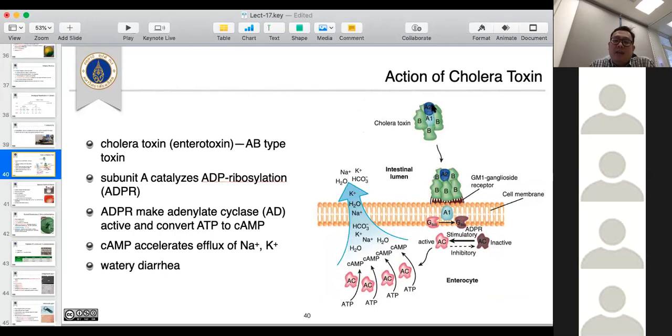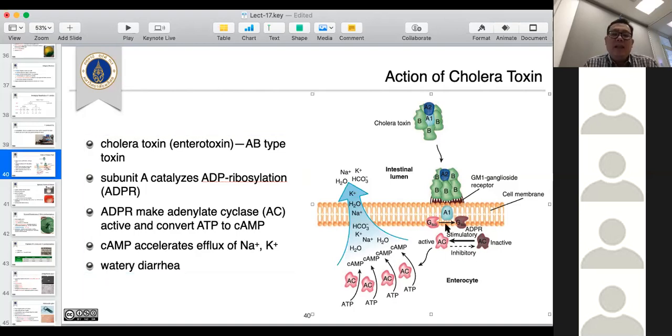Subunit A is surrounded by subunit B. Subunit B binds to the ganglioside receptor, and then lets subunit A pass through the membrane into the epithelial cell of the intestine. Subunit A catalyzes ADP ribosylation, and ADP ribosylation activates adenylate cyclase. So AC, sorry, this is not AD, it's supposed to be AC.